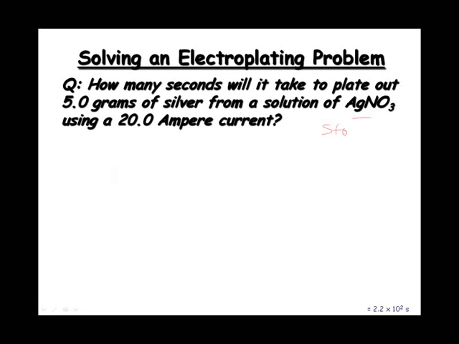Most electrolysis questions are going to be stoichiometric questions, okay? So if I have 5.0 grams of silver, what I know is that 107.87 grams of silver is 1 mole of silver.